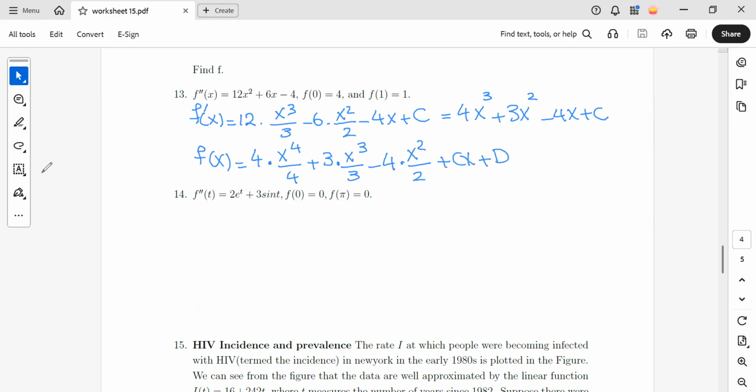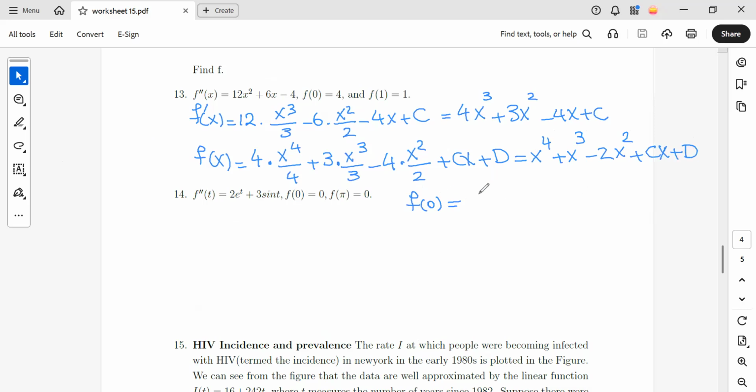Now, since we have f of 0, we would plug in 0. Okay, before that, we can simplify. It will be x to the fourth plus x cubed minus 2x squared plus cx plus d.